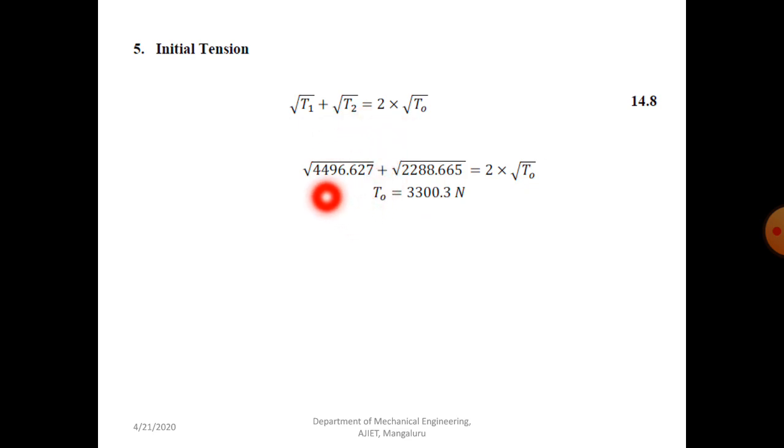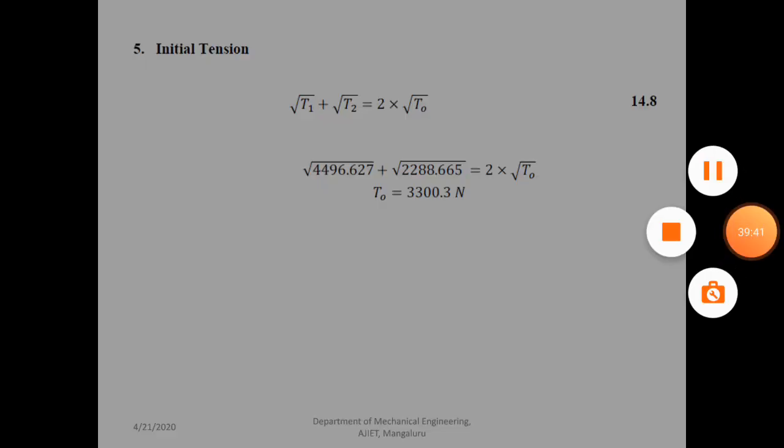After substituting the T1 and T2 values, you can easily calculate T0. The T0 becomes 3300.3 Newton. So that completes your problems on flat belt drive.